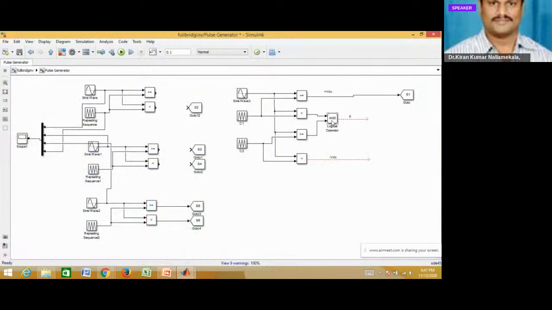S2 should be operated between the zero voltage level and the minus VDC voltage level. So I'll take the same gate, 0 and minus VDC, and give it to S2.